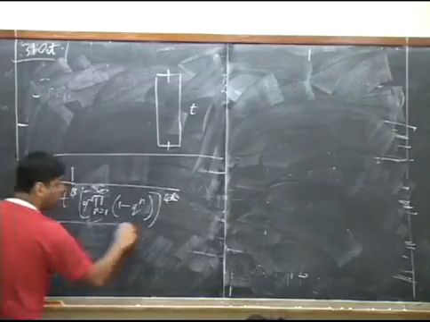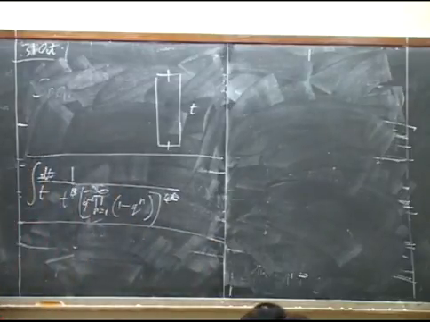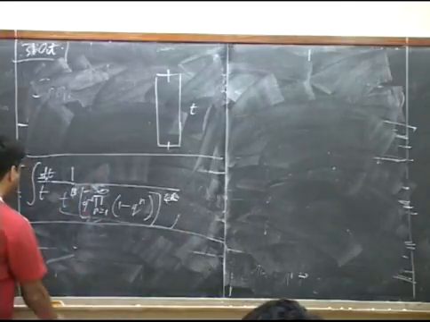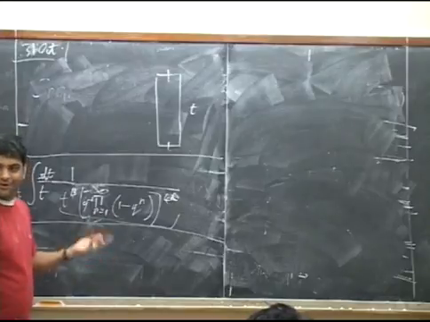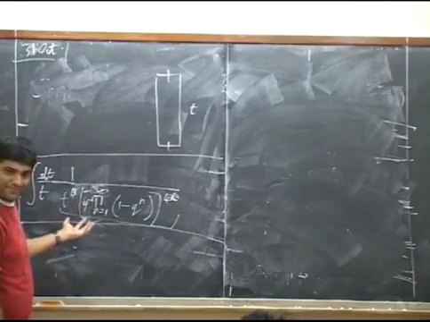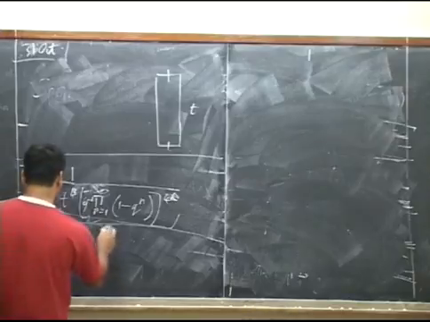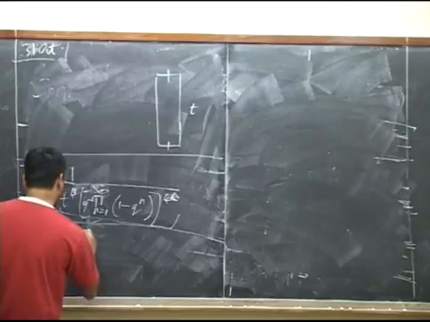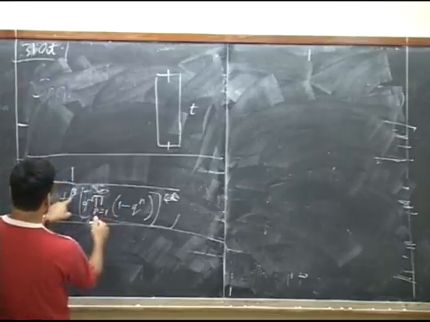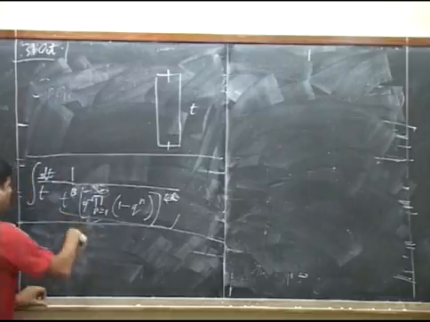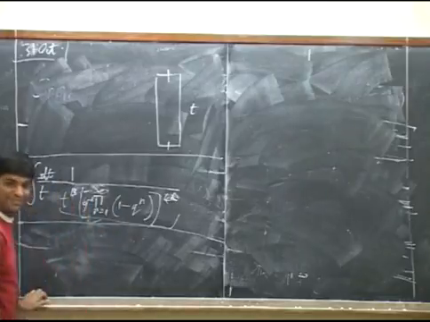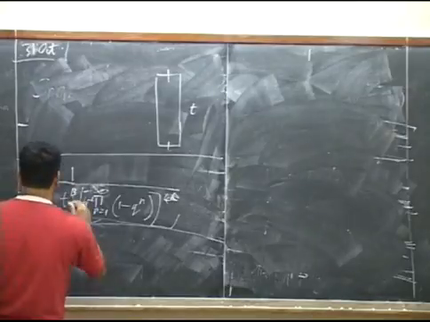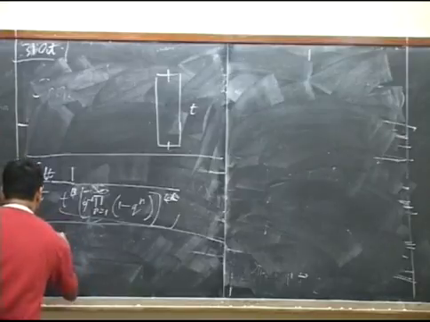Then, you remember we did a modular transformation of this object, and we realized that this whole thing was the same object but written in terms of the s value, without the t to the power 1 by 30.